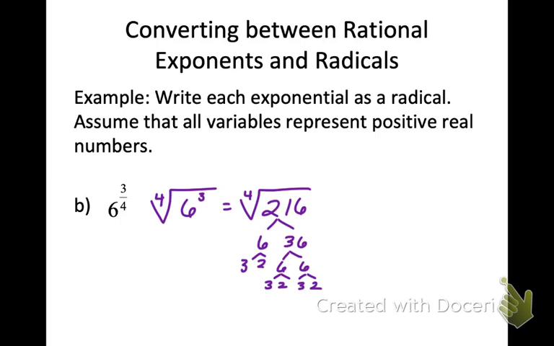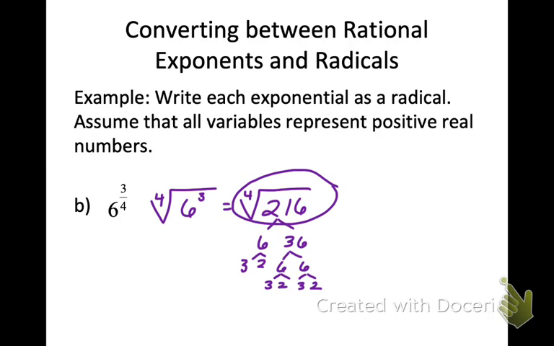These are prime factorizations. Back when it was square roots, you were looking for pairs. But this is a 4th root, so I'm looking for groups of 4. Do I have 4 of something? I have 1, 2, 3 3s, and 1, 2, 3 2s, so I do not have 4 of something, so I can't simplify that any further, which means that is my answer.